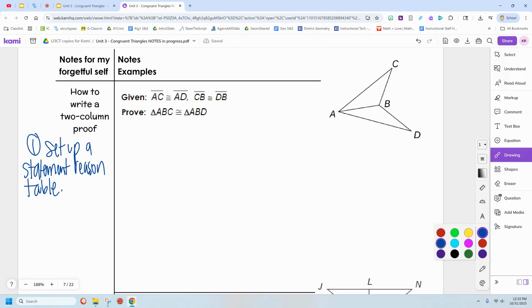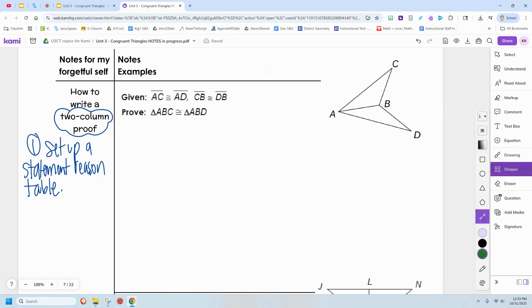Oh, I wrote that right up here. See that? 2-column proof. So this is why you picked up a straight edge, a ruler. Because what you're going to do with your ruler is this. You don't need much room underneath here, so you go across like that. And then you go down like that. I just made 2 columns, didn't I?